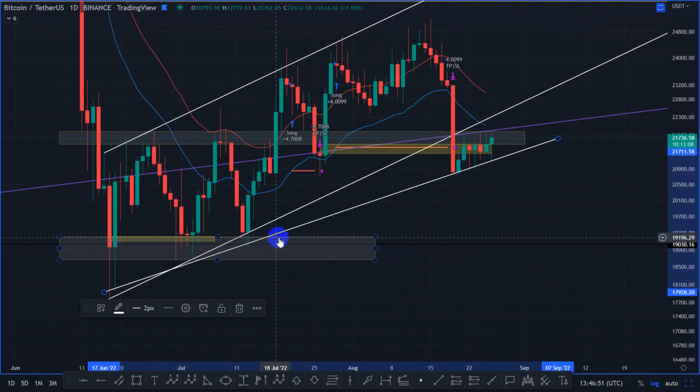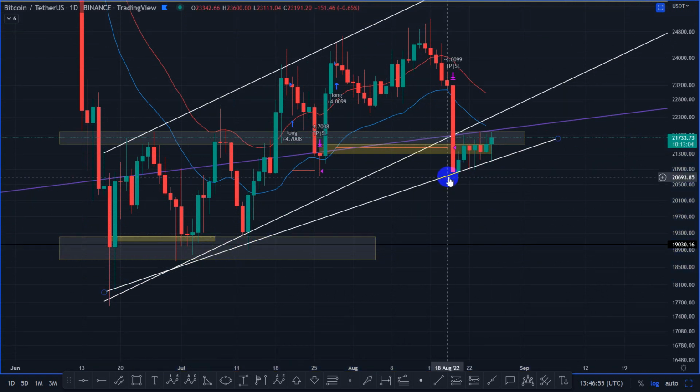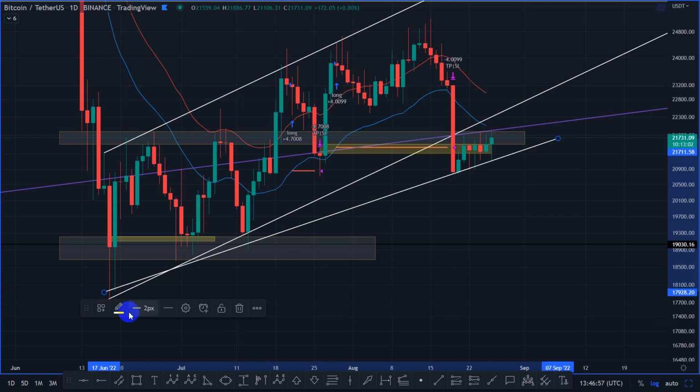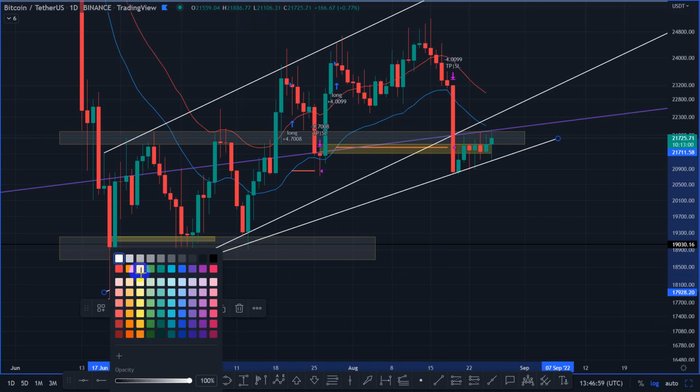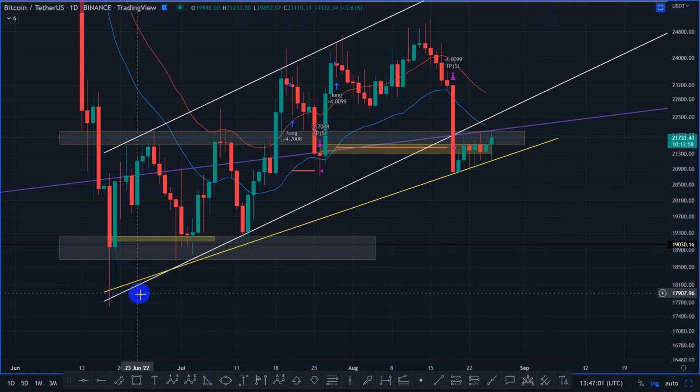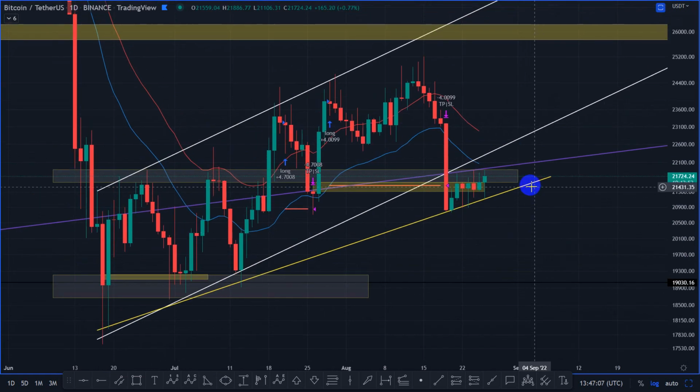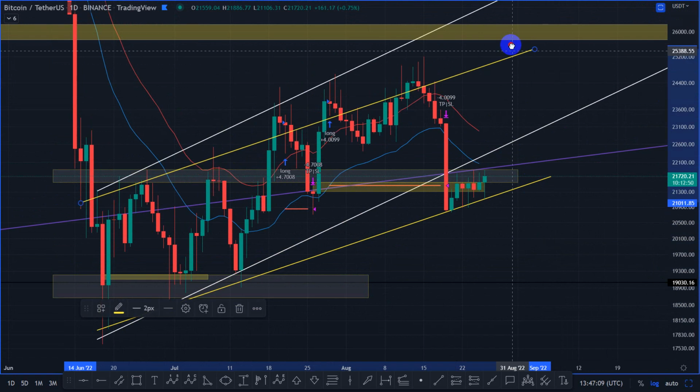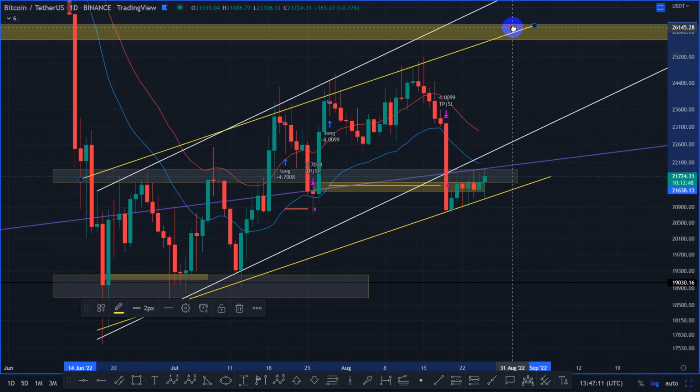Actually, one time here. Let me make it another color so it'll be better visually represented. Two touches here, one touch here, so many touch points here. And now if you take this one, clone it and drag it to the upper side, you still get a pretty nice channel, right?